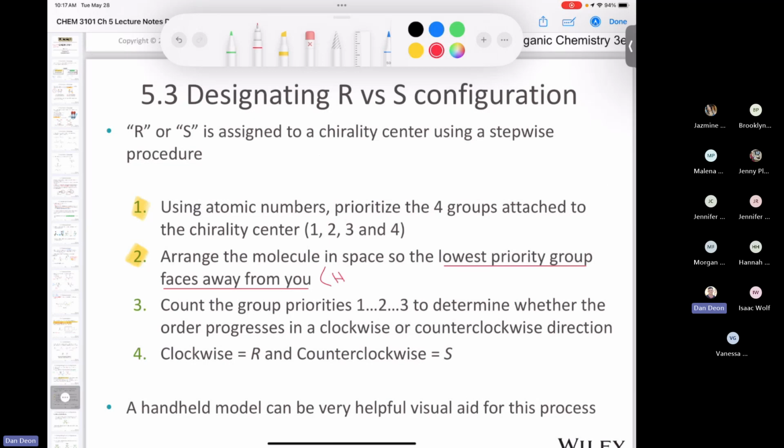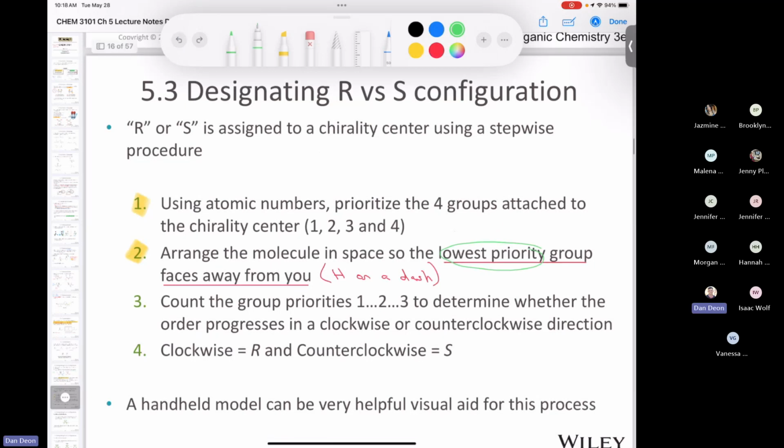So you'd want a hydrogen on a dash, not a wedge, because if it's on a dash, then it's going in the back. Okay, but it's not always. So remember, the lowest priority group is not always hydrogen. It is a lot of times, but sometimes it's not.